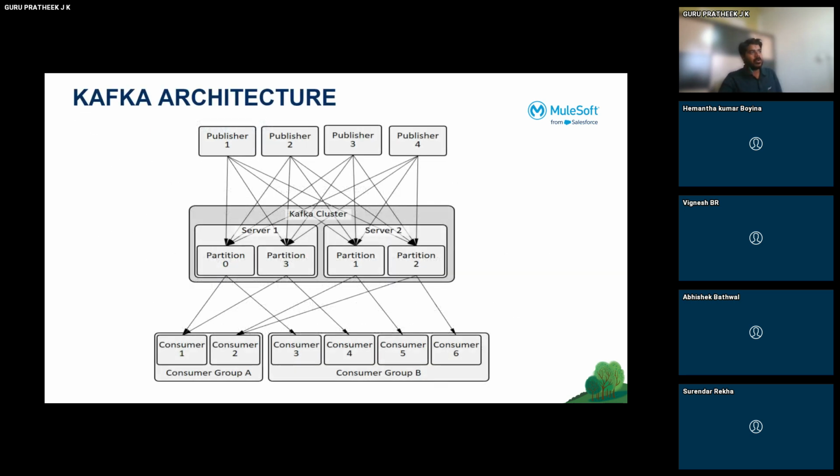Now we will talk about Kafka architecture. In general, Kafka consists of three main things: the Kafka cluster, where the Kafka servers reside, and a publisher. A publisher is a separate computer or separate server which will produce or write the messages into particular topics.